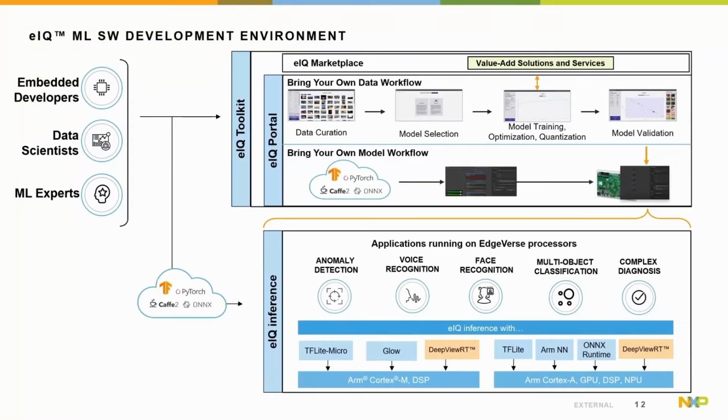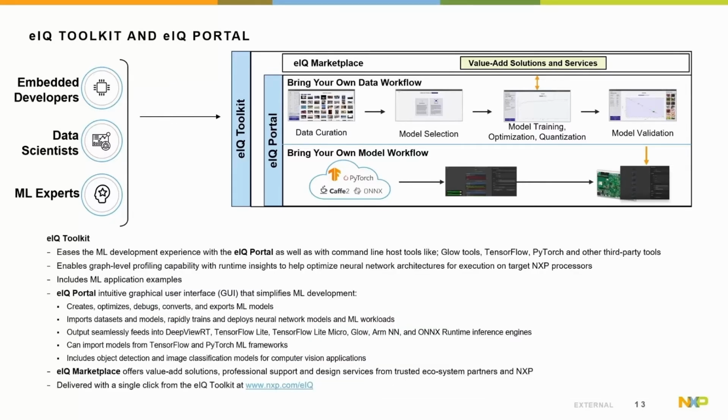And so they all work in conjunction, both the eIQ Toolkit, creating that model or bringing in a model, and then being able to run that on our different edge-first processors, be it the Cortex-M or Cortex-A application processors, regardless of which inference engine, it all is intertwined. So the eIQ Toolkit eases that development experience. eIQ Portal is a GUI that provides a very easy way of creating your own custom vision-based model.